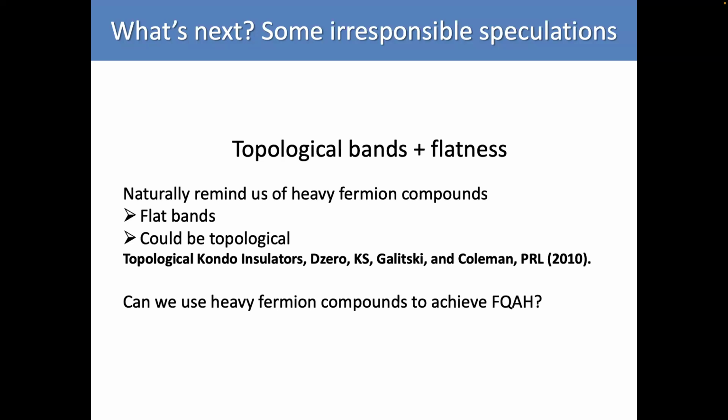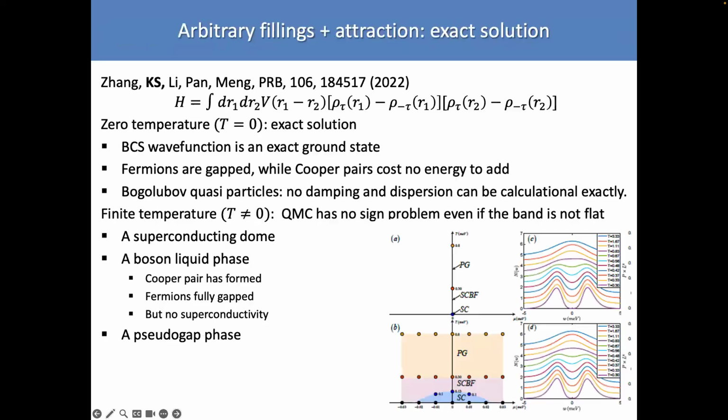You mean numerically? No, analytically. Analytically, actually, we know the answer. Let me go back to the slides. Analytically, the exact solution exists for zero temperature, although it does not directly exist for finite temperature, but we can use zero-temperature information to interpret it.